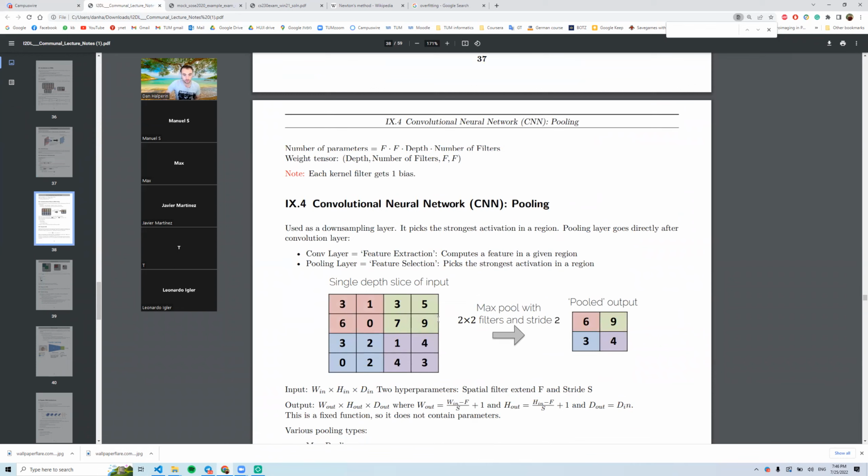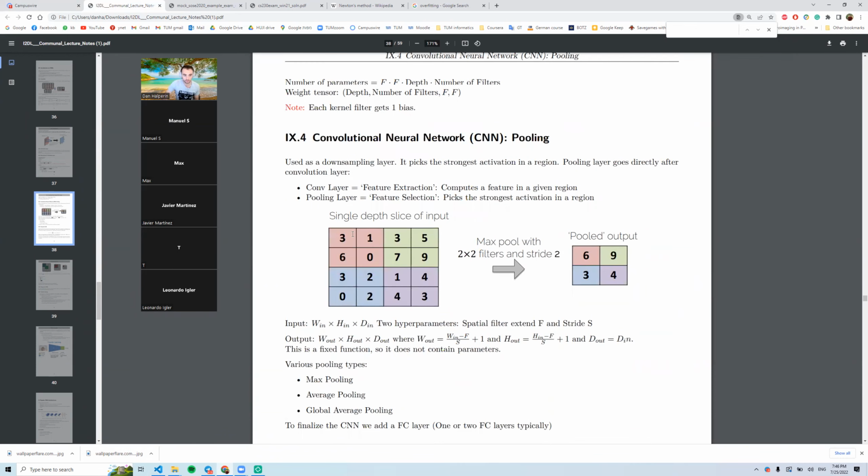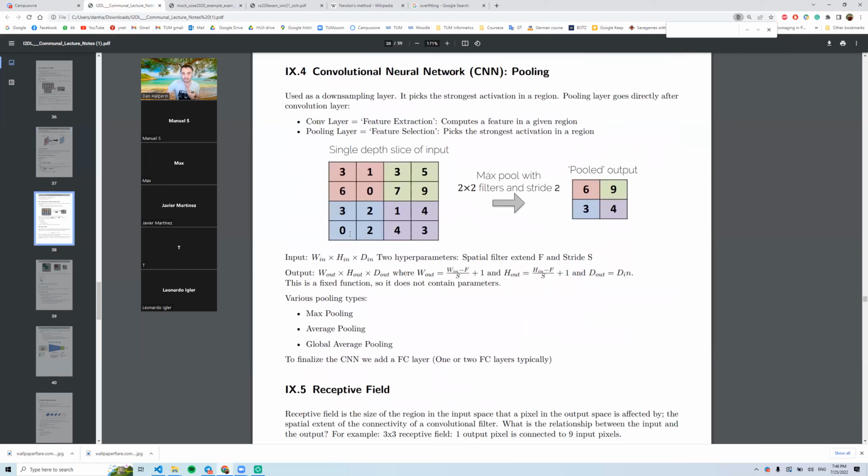Okay, let's go to pooling. We saw one question that asked if pooling introduces some non-linearity into the model. Now, this is true, but it does not remove the need for an activation function, because the purposes are different between the two.